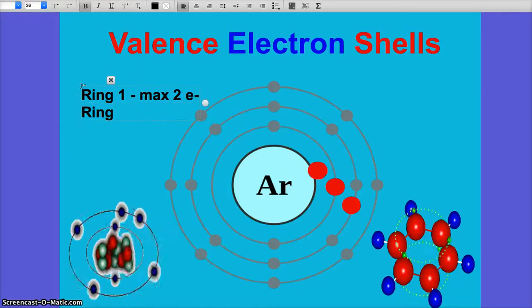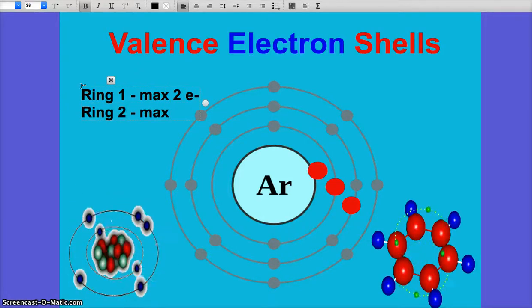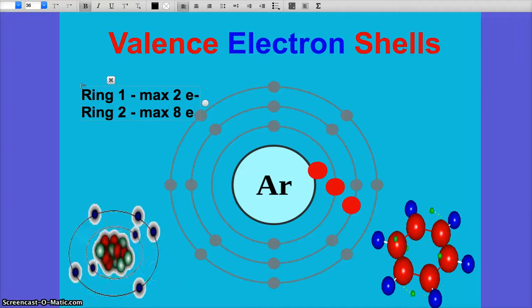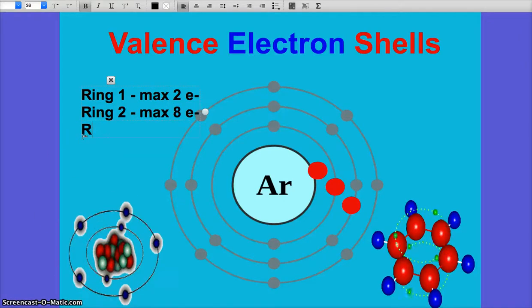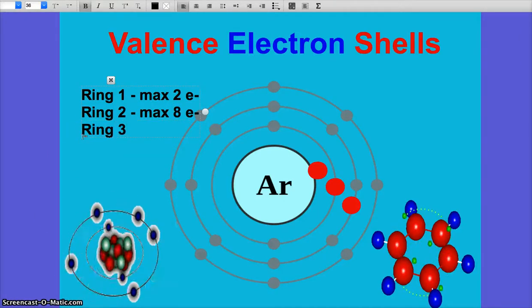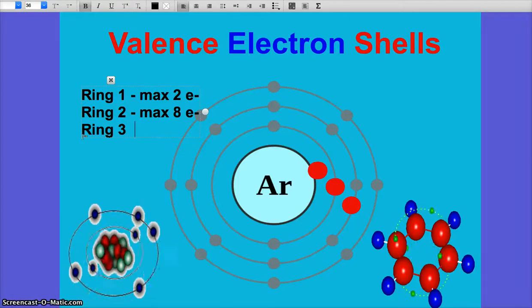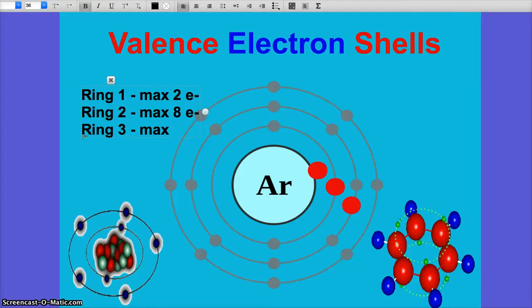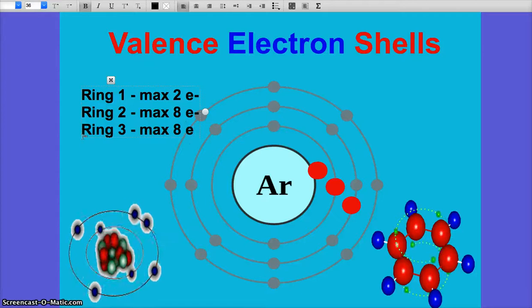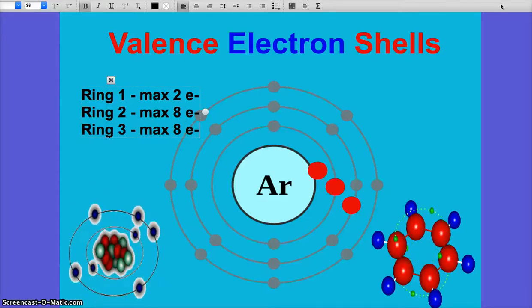Ring 2, max, what is it? 8 electrons. And ring 3, 8. And we don't need to know more than that. Eventually, you'll get into more when you study chem. We at bio stop right there, okay?